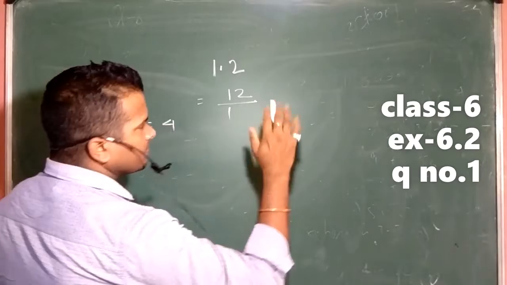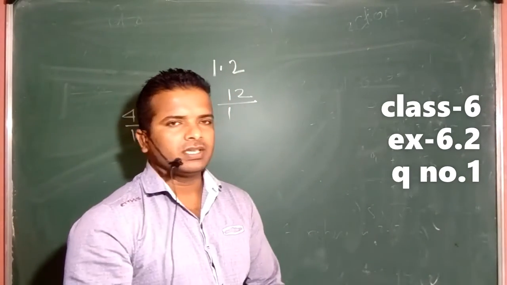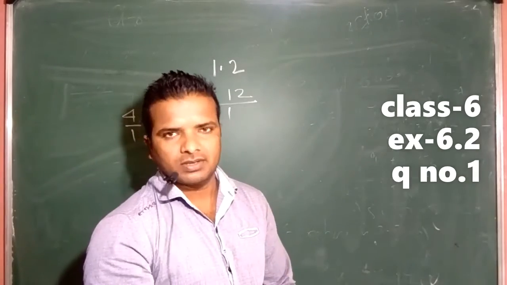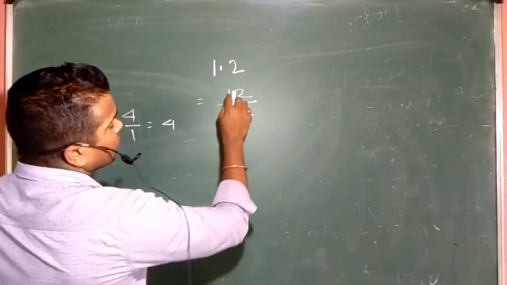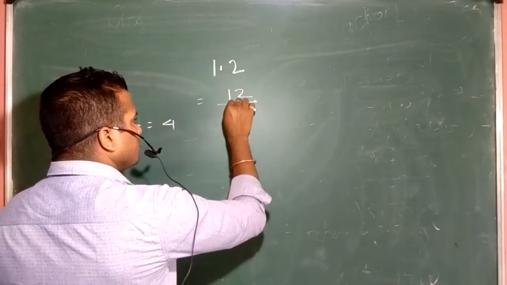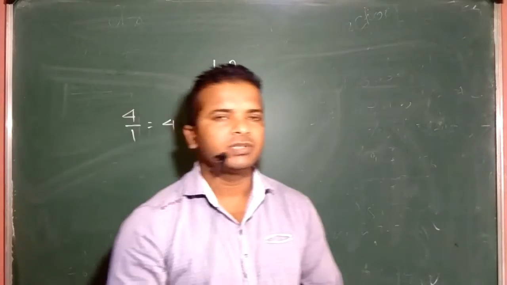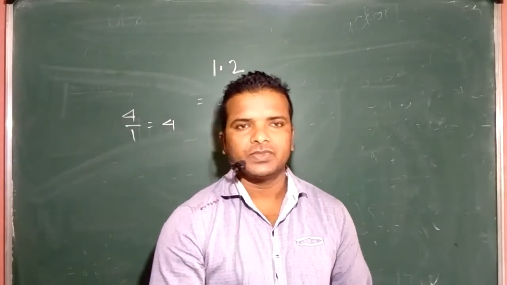Now, from the right side, we count after how many digits the decimal point is there. Here it is one digit, so we put 10. That's all. The decimal is converted to a fraction.